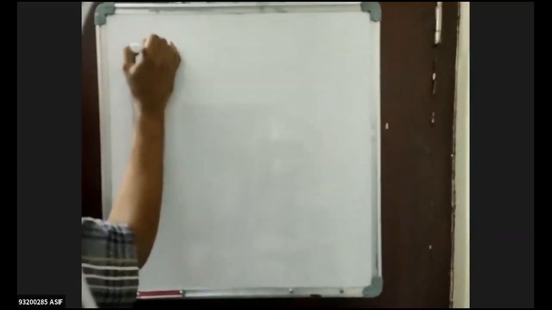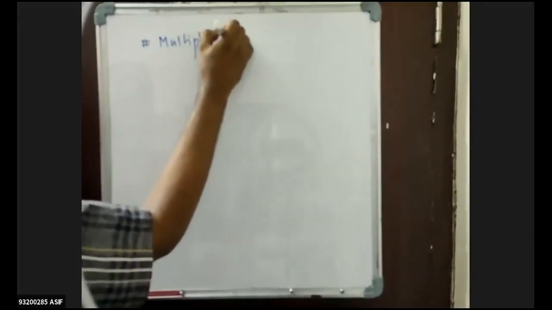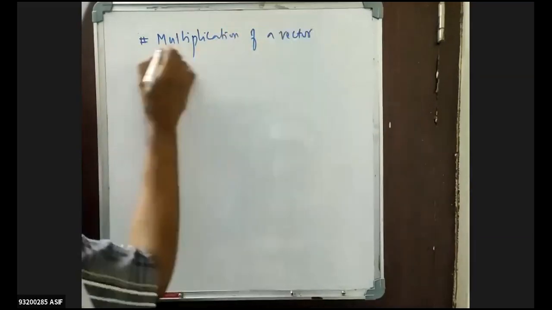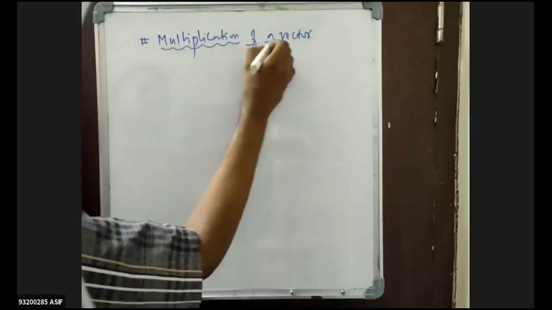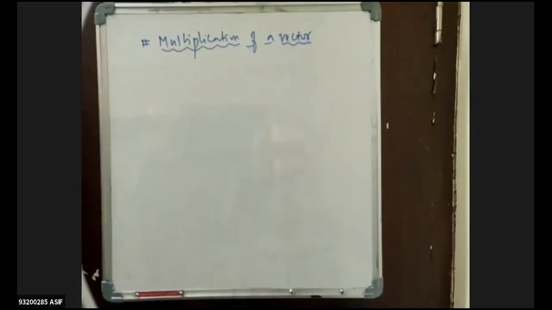Let us try to go for the next one. Chalo. Next heading is multiplication of a vector. We are having 3 types of multiplication in this one, beta.